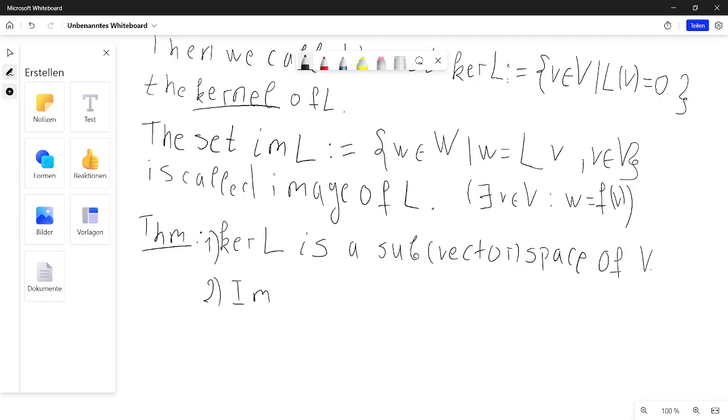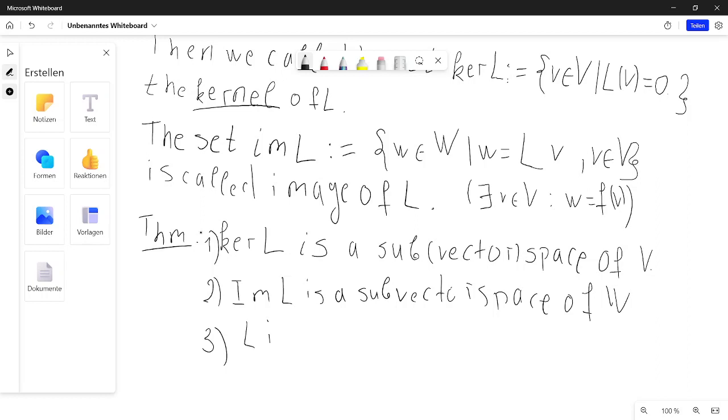The image of L is a sub-vector space of W. So you see it is some kind of subset, but a subset with special properties. Maybe you can guess already what properties, maybe not.